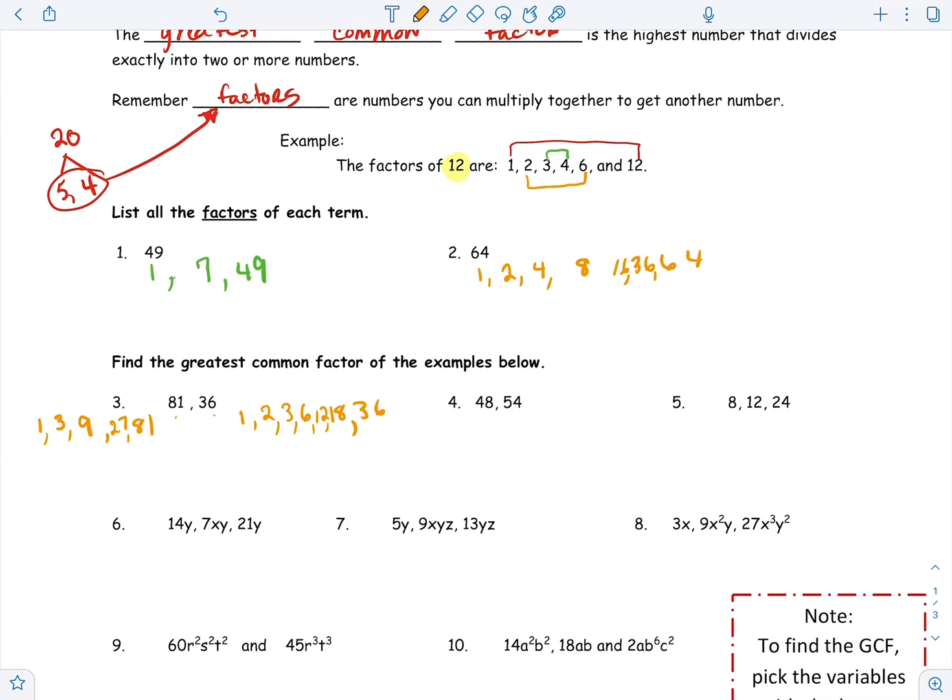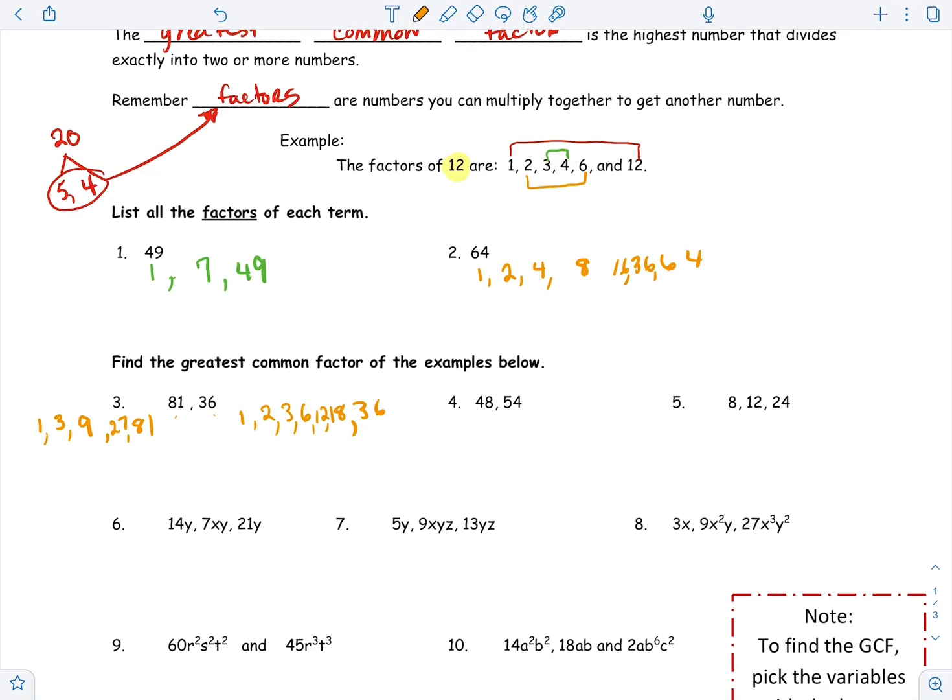Now, what's the greatest common factor between the two? Seems like the only factor between the two is 1. Well, no, there are 2.